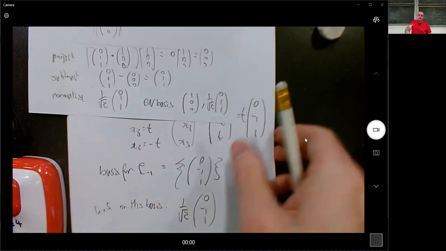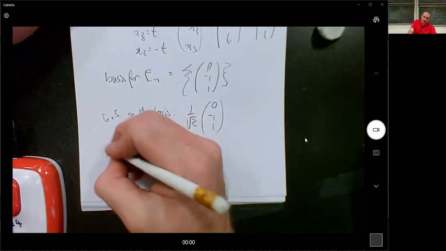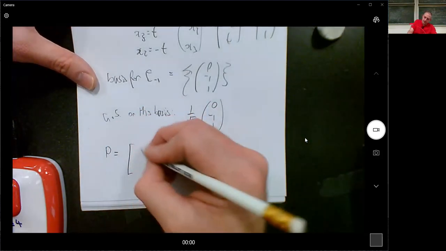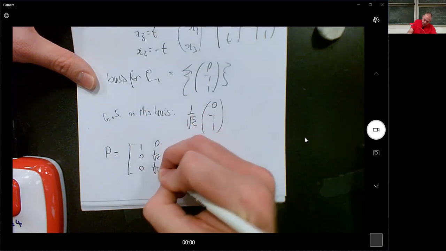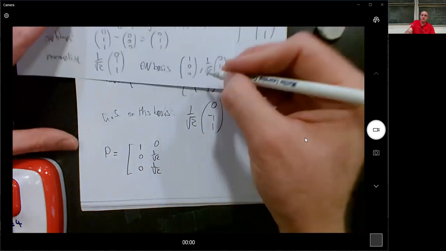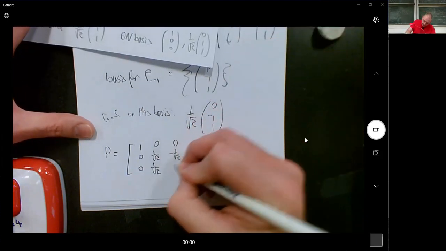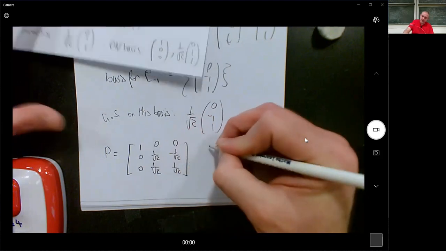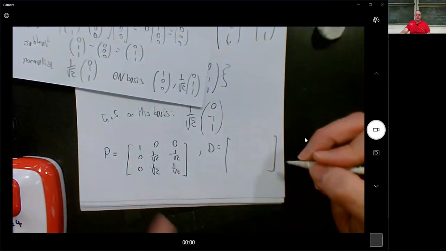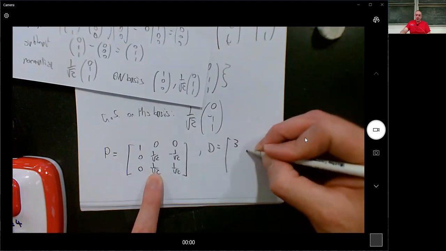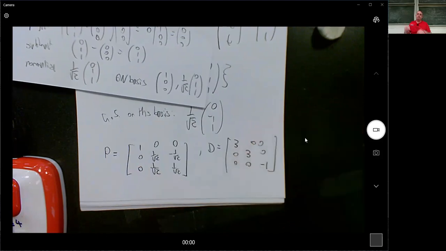And so therefore my matrix P is this vector here, this one just here, and the other one is this. And the matrix D will have the matching eigenvalues in their matching spots. So this one went with 3, this one also went with 3, and this one went with -1. Ta-da!